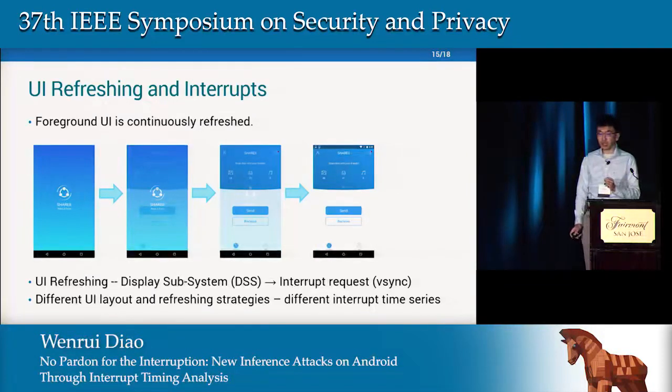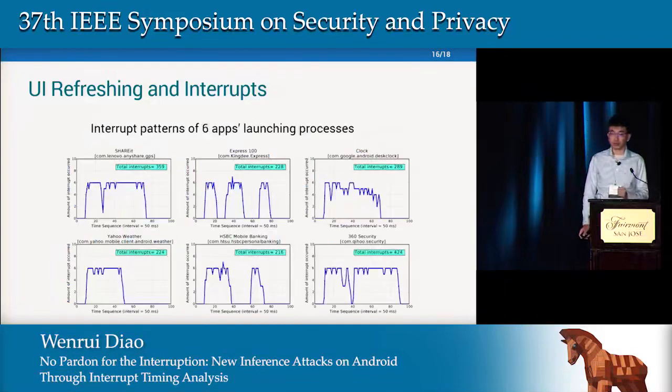Our observation suggests different UI layouts and refreshing strategies will result in different interrupt time series. This picture shows the DSS interrupt patterns of 6 application launching processes, including system pre-installed applications, e-banking applications, and security applications.